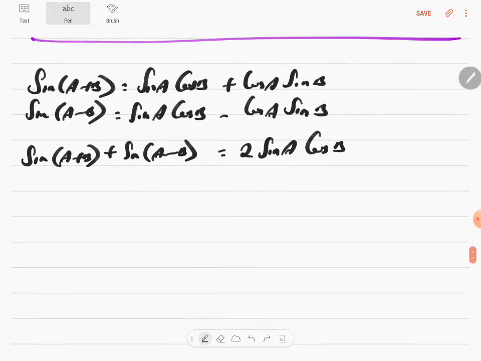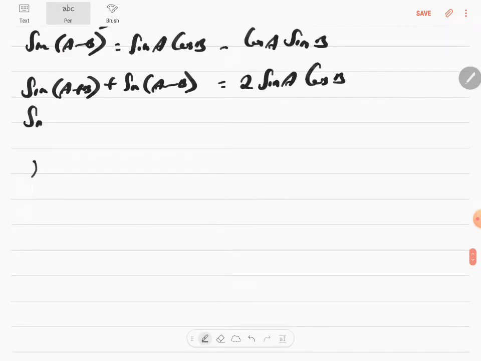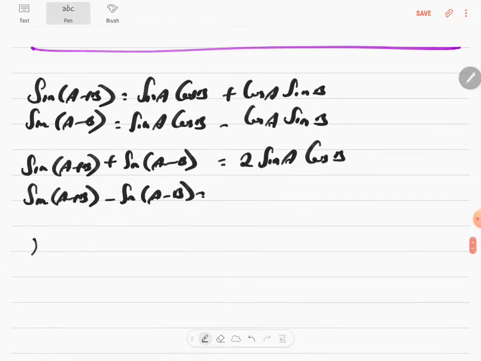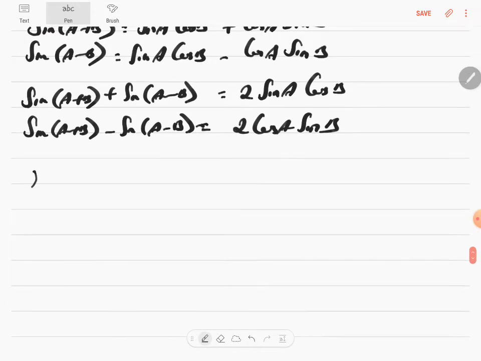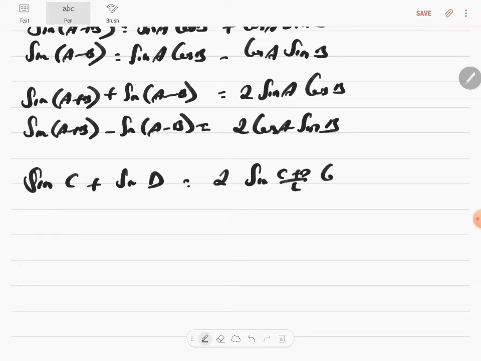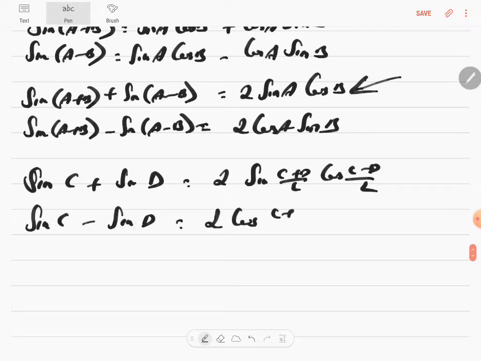And when you subtract, sin A plus B minus sin A minus B, the second term will come twice, which is 2 cos A sin B. Then replacing A plus B as C and A minus B as D, it is 2 sin C plus D by 2 cos C minus D by 2. The same formula where A is replaced as C plus D by 2, B is replaced as C minus D by 2, and sin C minus sin D is 2 cos C plus D by 2 sin C minus D by 2.